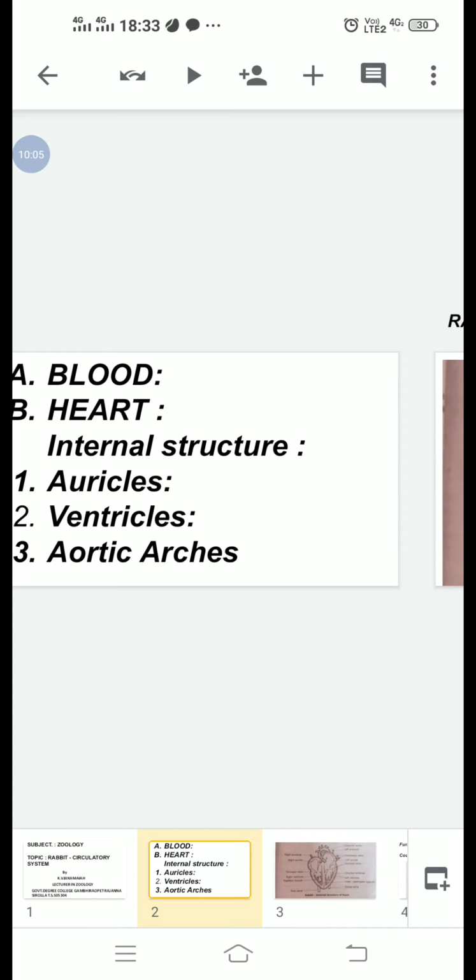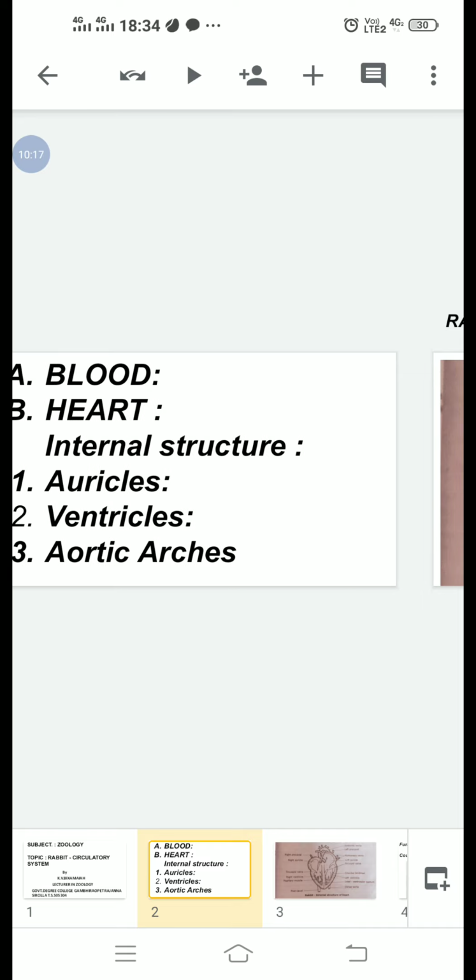The opening of the post-caval vein is guarded by a membranous fold, the Thebesian valve.